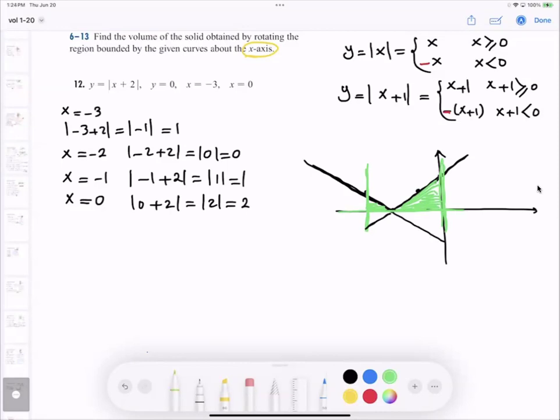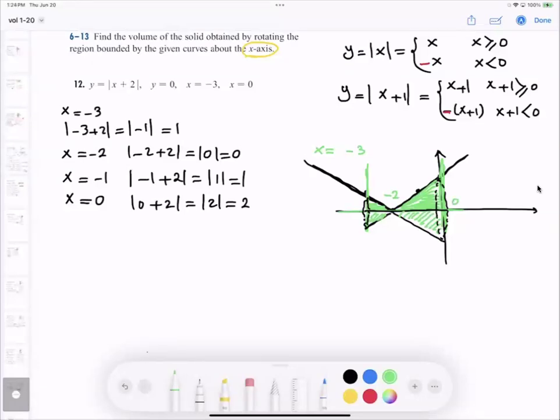By the rotation, let me make sure you see the x-axis as well. And the rotation gives us this 3D object. And this is x equals -3. This is x equals -2. And this is just 0.